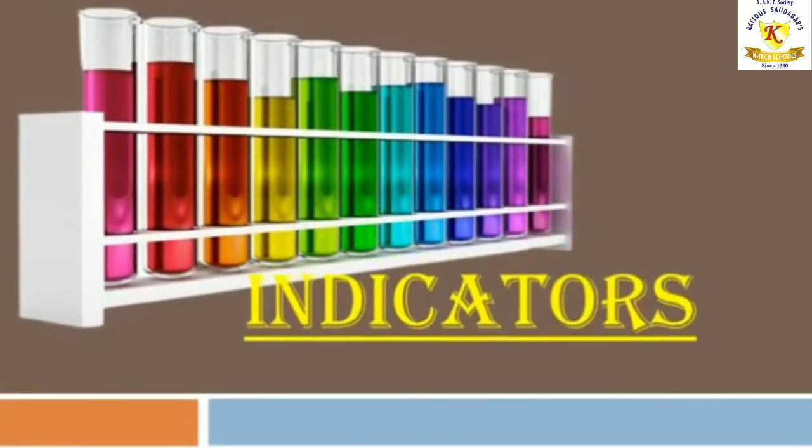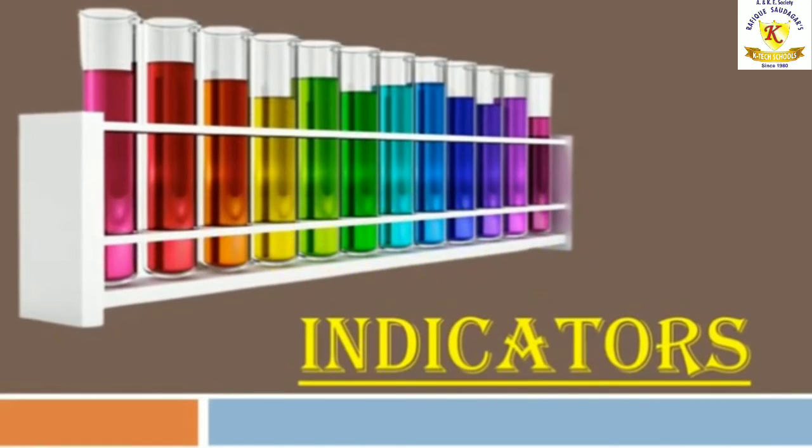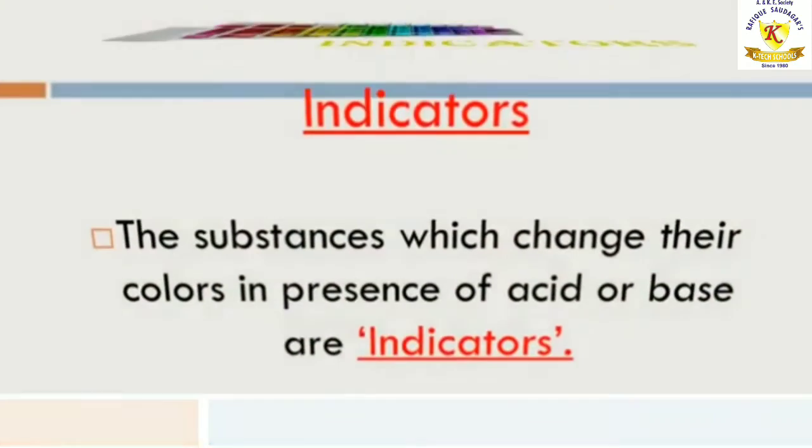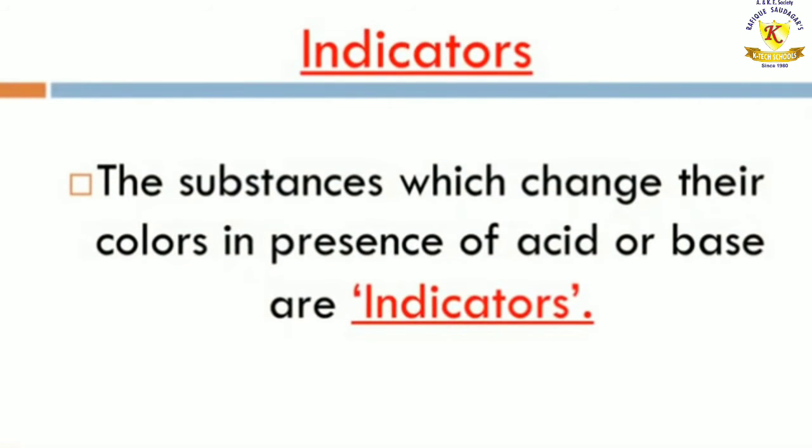Moving ahead, let us learn about indicators. So what are indicators? Let us see, because each and every time it is very difficult for us to taste to find out which substance is acidic or basic.